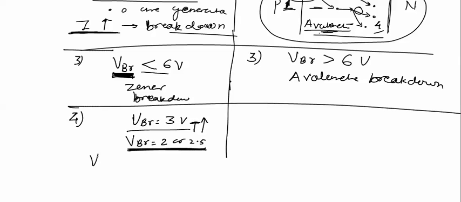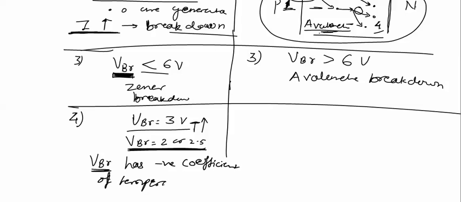So I can say that Zener breakdown voltage has a negative coefficient of temperature.